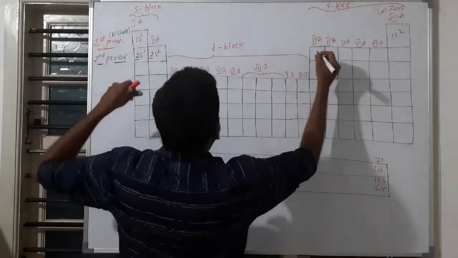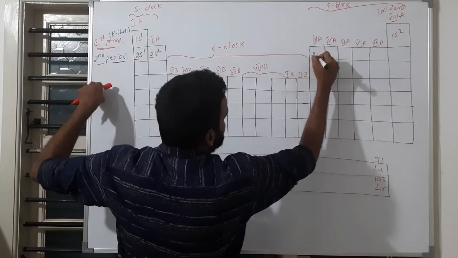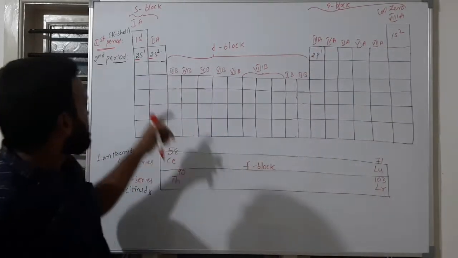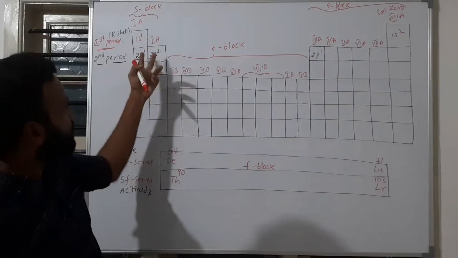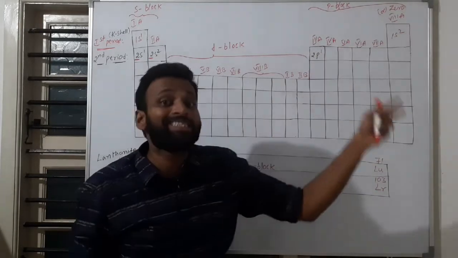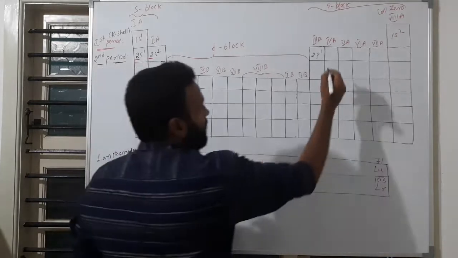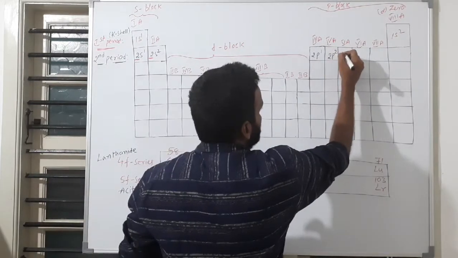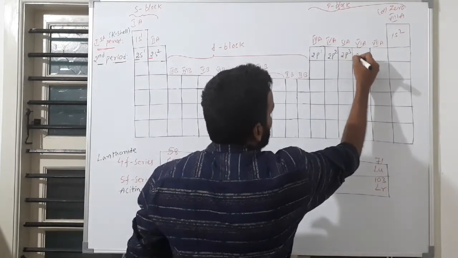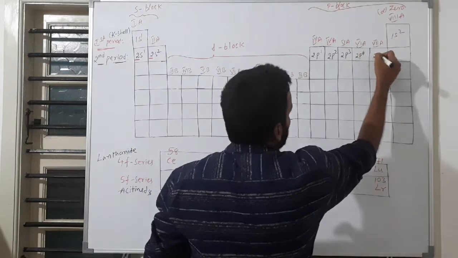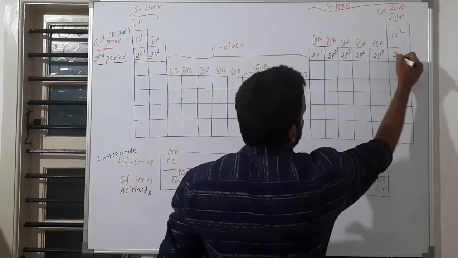Next we fill 2p. After 2s, the next energetic subshell is 2p, that's why I am filling 2p here. So 2p1, 2p2, 2p3, 2p4, 2p5 and 2p6.